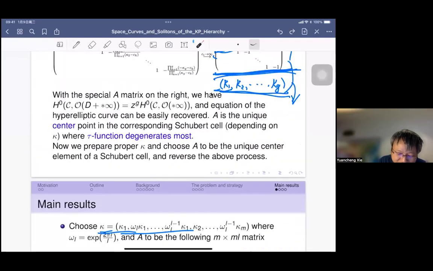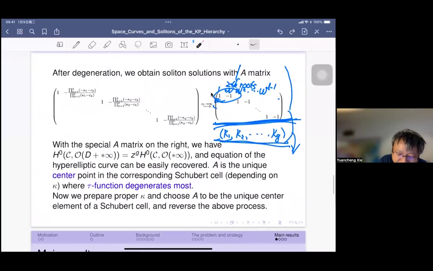It's just like these special matrices, nothing but, as I said, 1, omega square and omega L minus 1, and then we repeat this pattern several times.